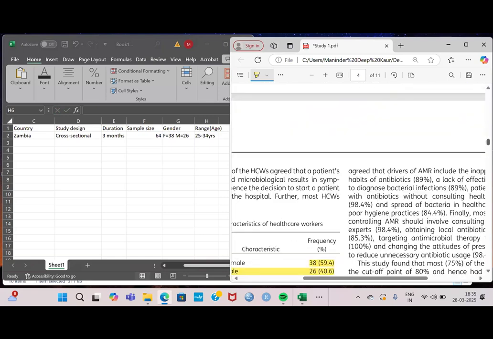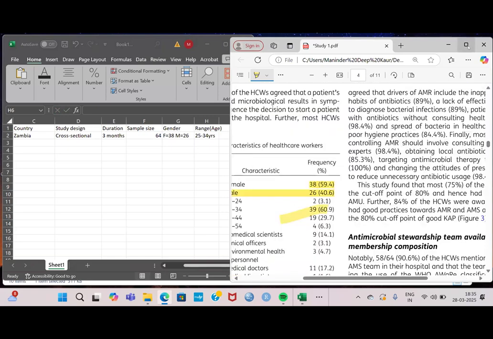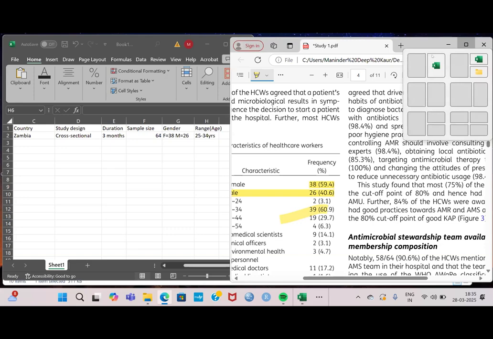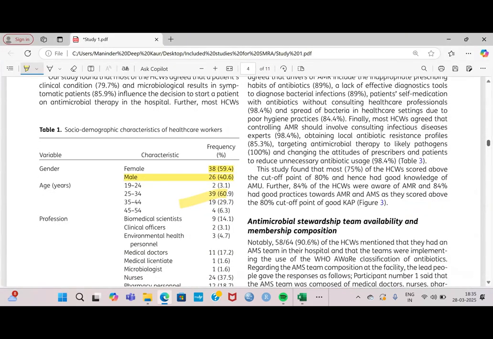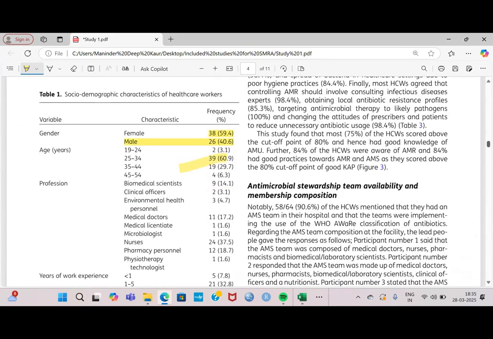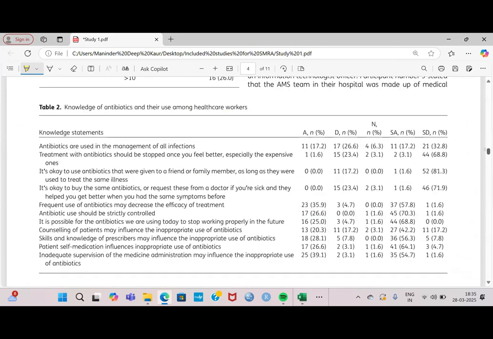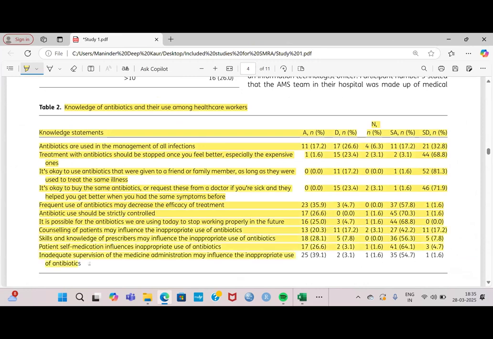Next, I want to report what is the knowledge of the healthcare workers regarding the antimicrobial stewardship. So I will see where they have given the knowledge. No, this paragraph is not telling anything about the knowledge. If you see, they are giving Table 2, knowledge of antibiotic use among healthcare professionals. But this table is giving statement wise answers, like numbers.